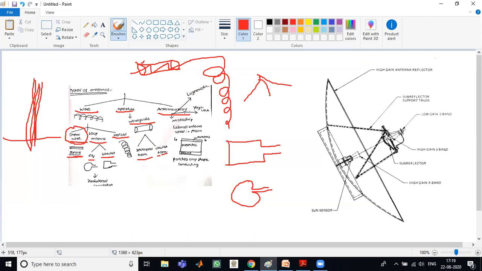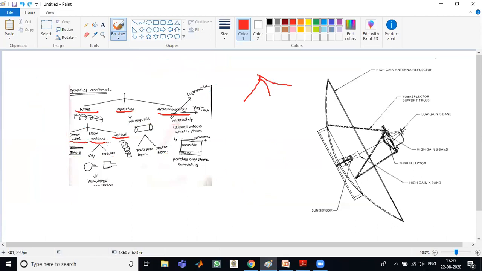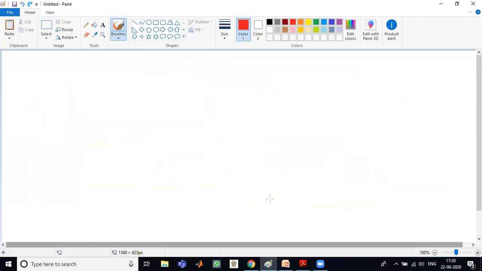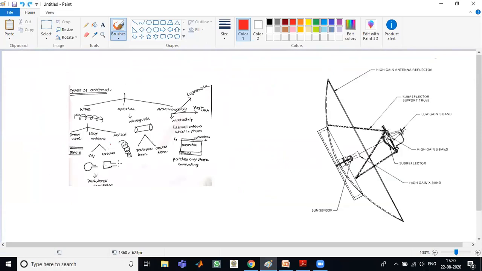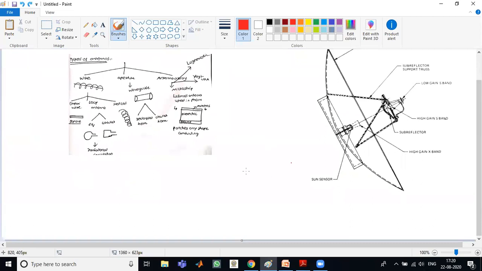Next is array antennas. In this array antennas, they are divided into three types: microstrip, Yagi-Uda, and log periodic. What is this microstrip? This microstrip is an antenna which is made up of dielectric medium.